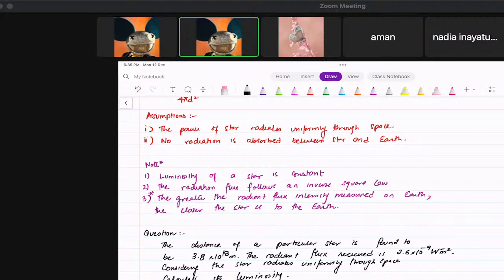So is it 4.7 into 10 raised to 29? Yes, 4.8 precisely. So it's 7.1. Then it should be 7.